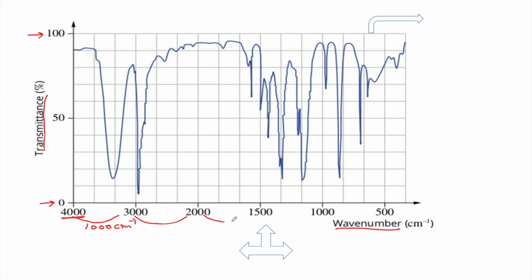And when I move from 2000 to 1500, 1500 to 1000, 1000 to 500, these differ by a wave number of 500 per centimeter. So that's why we say two scales are used along the horizontal axis.